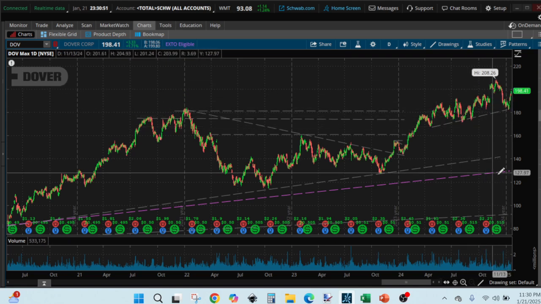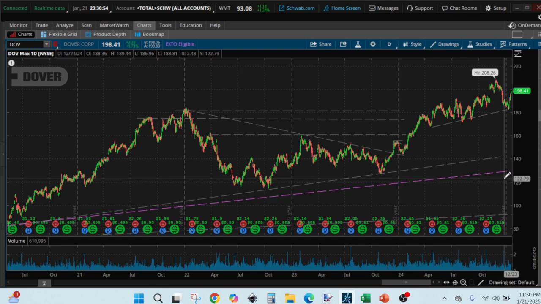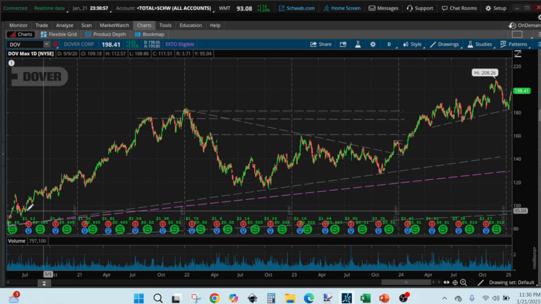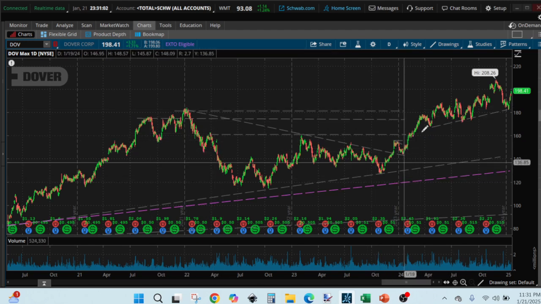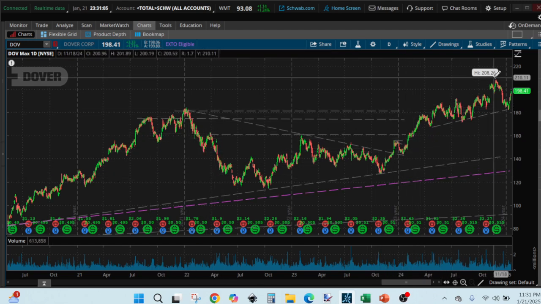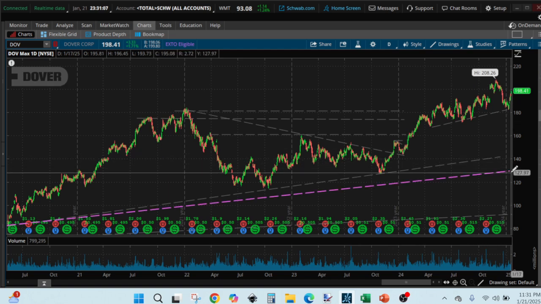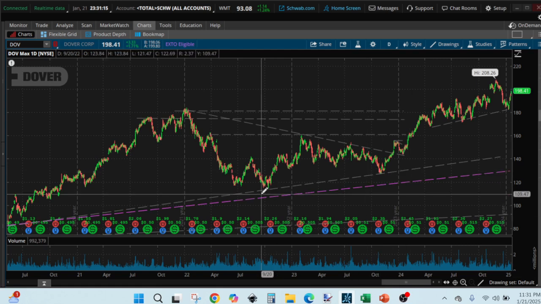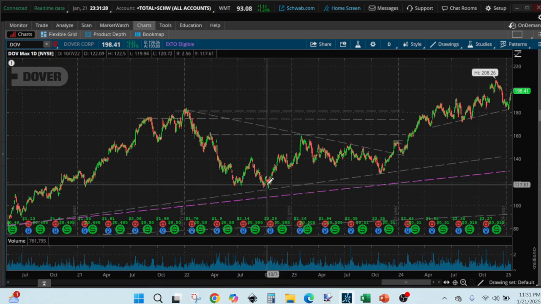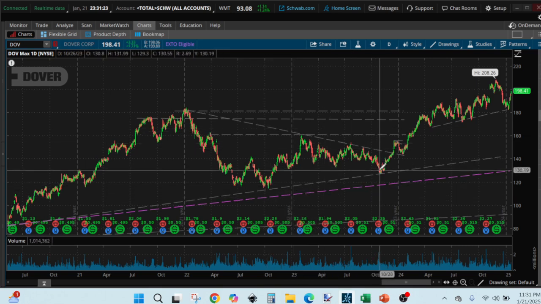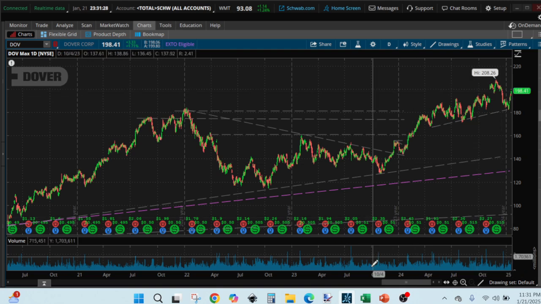But I just think at some point, because you see the mountain here is wide, it might decide that it has had enough. It likes to pull back to its valley before going up again. Where that valley is going to be, we don't know. Last time that it pulled back, it was a little bit far from this one. It pulled back to it, and then started this mountain again. So we are just going to keep observing it.